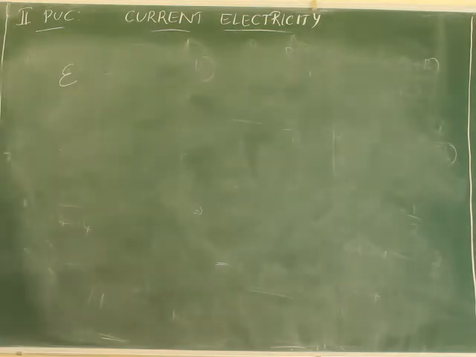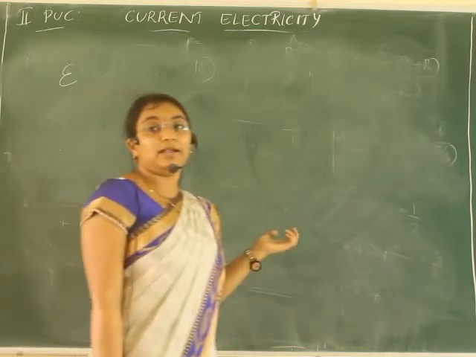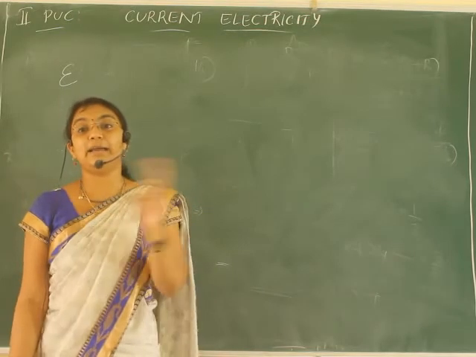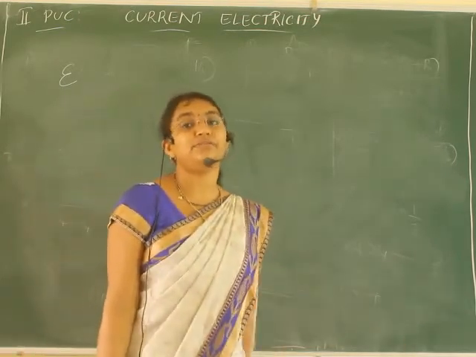How to calculate this epsilon? You will understand when you come to the lab. We will do an experiment where we take two cells and compare the EMF between them.